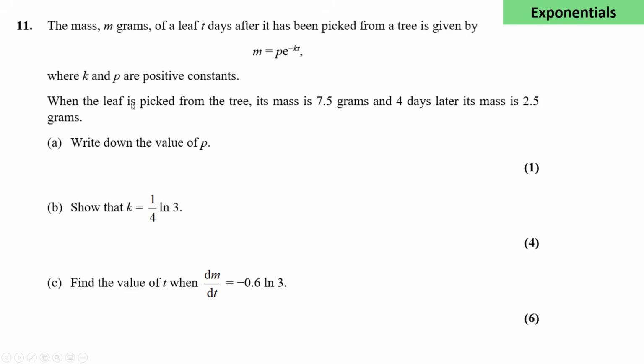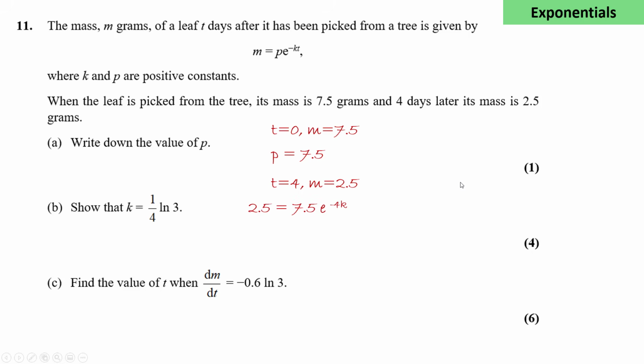So when the leaf is picked from the tree, that's at t equals 0. Its mass is 7.5 grams. So we substitute t equals 0 and m equals 7.5. We get p is 7.5. We're also told 4 days later, so when t is 4, its mass is 2.5.